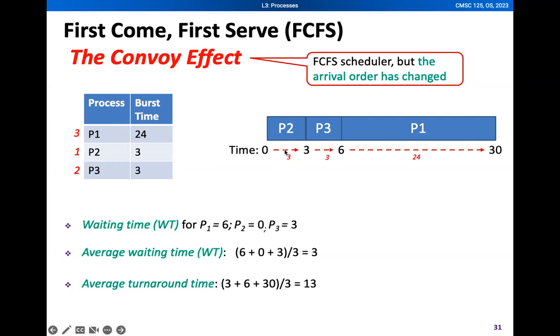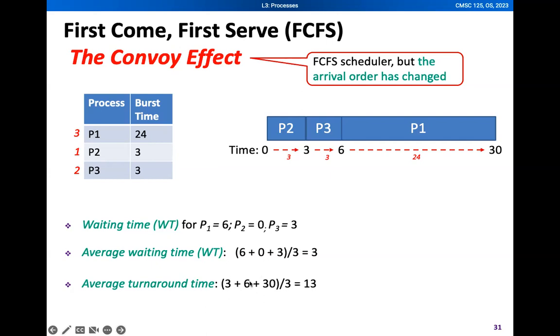That's why for P2, its turnaround time is 3. And then for P3, it's 6 minus 0. That would be 6 milliseconds. And for P1, it completed at the 30th millisecond. So 30 minus 0, that would be 30.